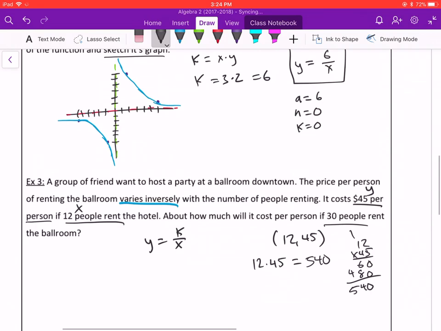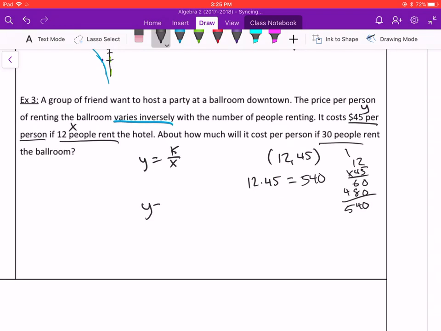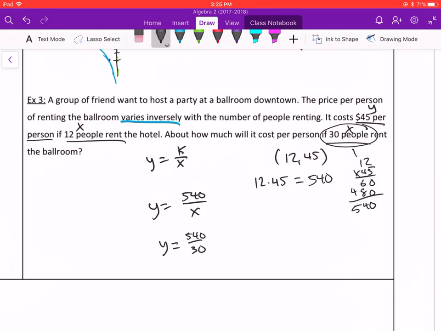Okay, so we know our equation is going to be y equals 540 over x. How would I find out if 30 people want to rent that? Well, 30 is in terms of x, so just plug in 30. So y equals 540 over 30. And if I try to divide that, just going to do the math to the side here.